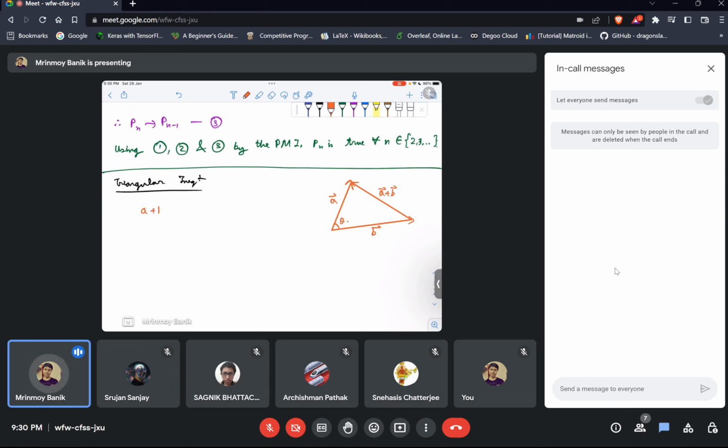So you have vector A plus vector B, the magnitude, so you can take mod, is less than or equal to the sum of the magnitudes. So this is some form of triangular inequality.